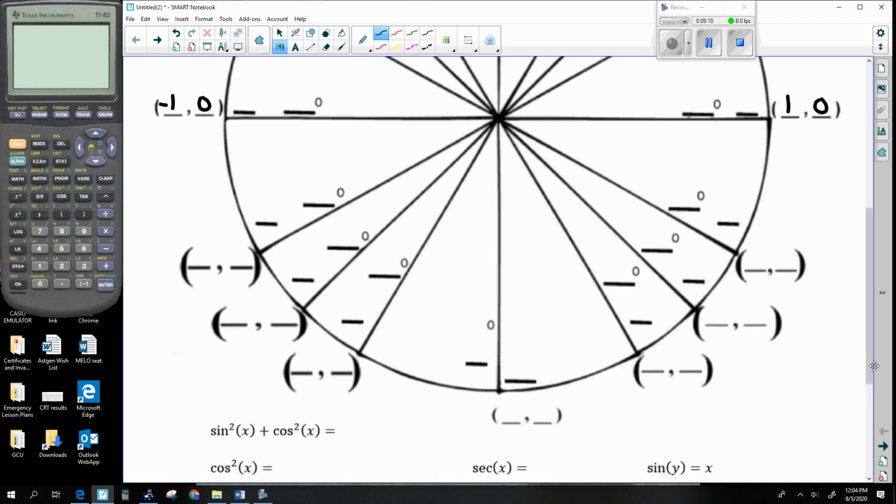Okay, looking down here at quadrant 3, again, this has a big x, small y, medium x, medium y, small x, big y, down really far from the origin. These all have a negative x, and they also have a negative y. One down here has an x coordinate of 0 and a y coordinate of negative 1.